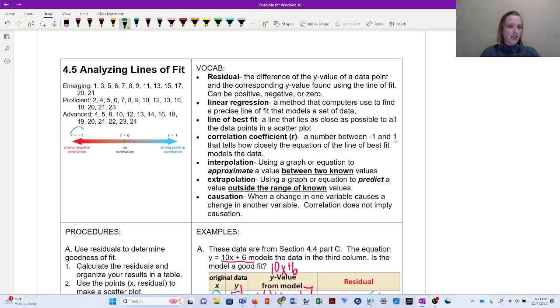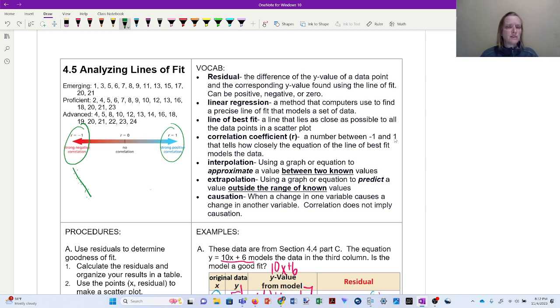If you look at this line here, you can see that when R equals -1, there's a strong negative correlation. That means the graph has a downward, a negative slope, and the data are clustered really close to the line. A strong positive correlation would be when an R value is close to 1, and that means that our line has a positive slope.